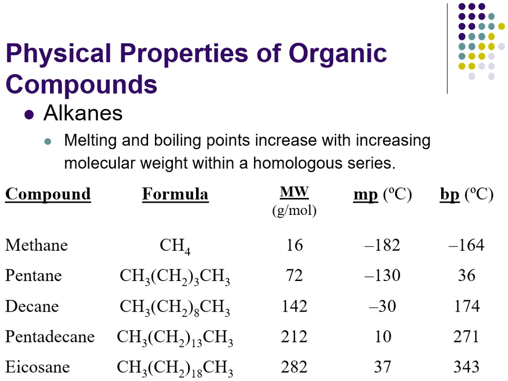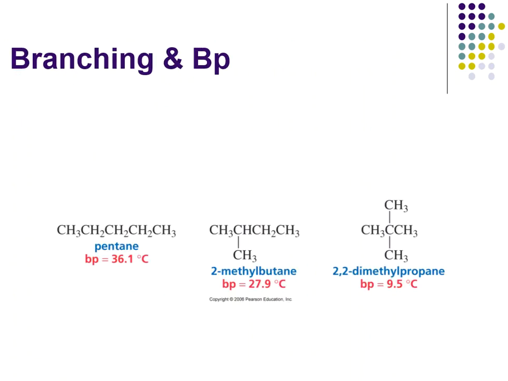As far as boiling point goes, here's a list of methane, pentane, decane, pentadecane, and icosane. So this is 1 carbon, 5 carbon, 10 carbon, 15, and 20 in total. And if you look at your boiling points here, they're going up, up, up, up, up, right? So as our molecules get bigger with more stuff, our boiling points will also get bigger.